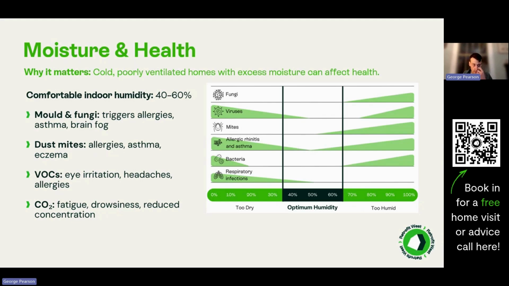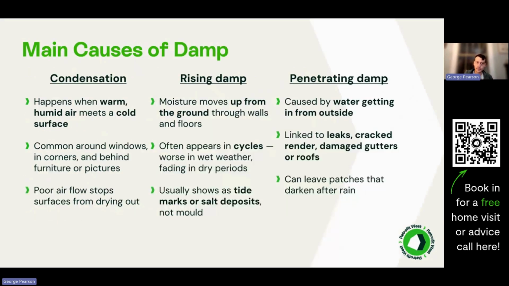Those are volatile organic compounds that you can see there. And when homes aren't well ventilated, CO2 levels can build up, and this makes people feel tired, sluggish, and less able to concentrate. So keeping the balance comes down to three things, really. It's good ventilation, managing the moisture sources, and maintaining some background level of heat.